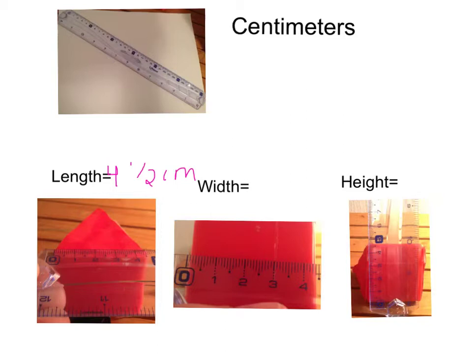And then I measured my width of the block, and this one came out to be the same as the length, which was 4.5 centimeters. And lastly, I measured my height of the block, and again, it came out to be 4.5 centimeters.